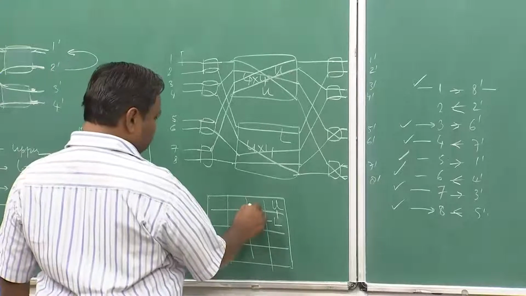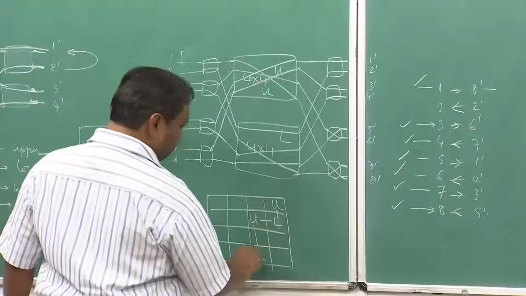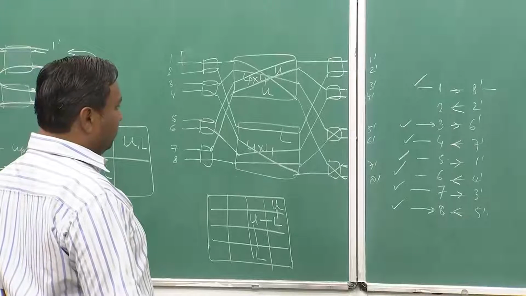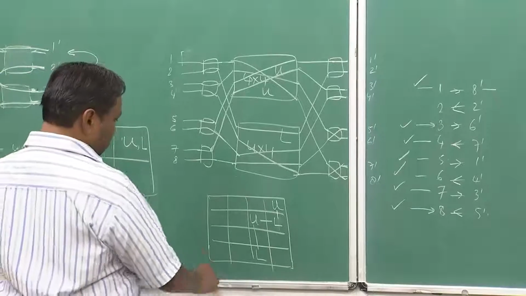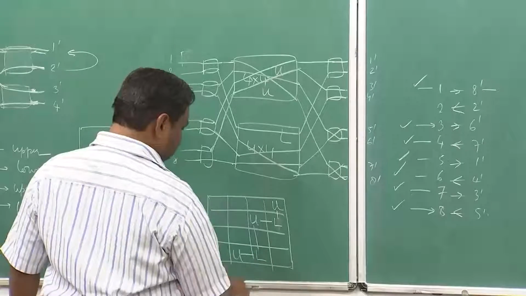So, 5 stands here and 8 comes here. So, I am putting a lower here, 8 to 5 prime, that is a bottom part, and then 7 to 3 prime. So, 7 comes here, 3 comes here, I am using upper.